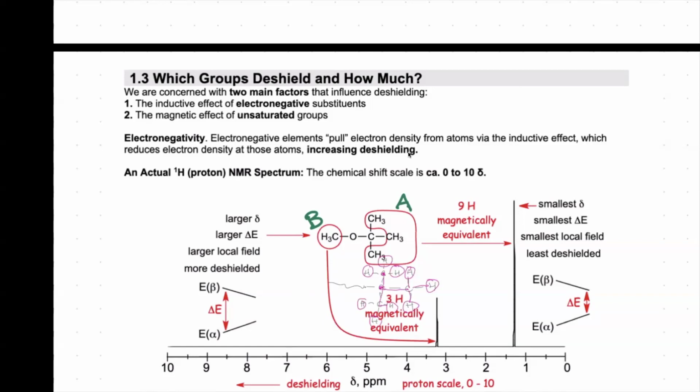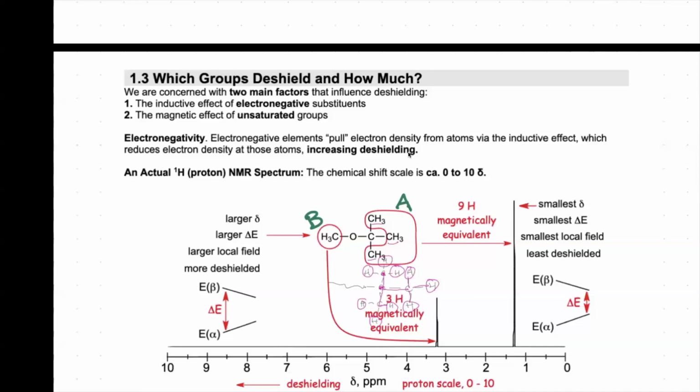That's what makes these three CH3 groups magnetically equivalent, because they all have the same structure. The hydrogens are connected directly to a carbon, which is bonded directly to a carbon, so there's nothing different between any of these.